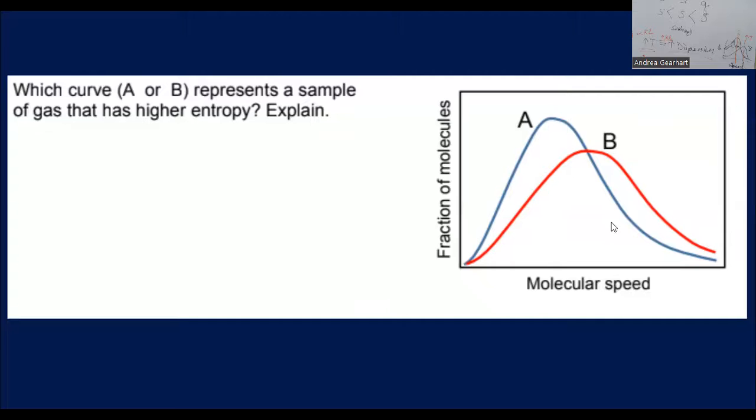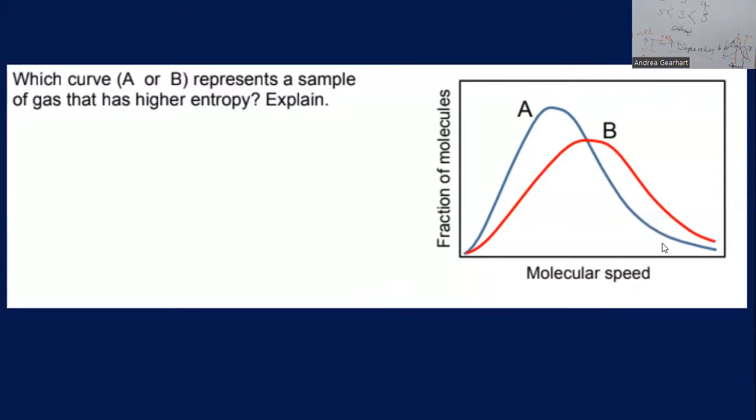Yeah? Where A doesn't have the variety that B does. We have to understand that A would extend a little further too. Yeah, and so they're symbolizing a greater number of microstates.